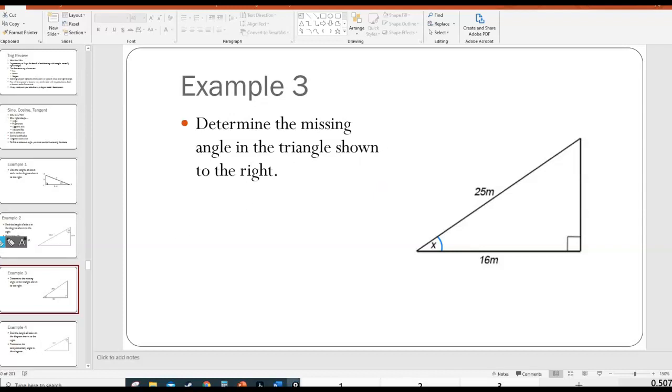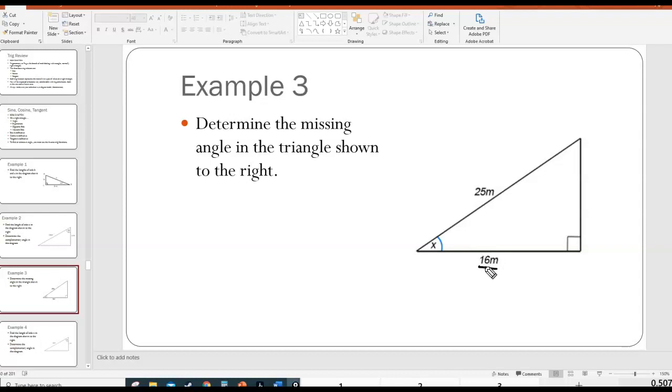So for example, let's say I want to solve this problem. It says determine the missing angle in the triangle shown to the right. Now remember, when you're solving for an unknown angle, you're going to have to use an inverse trig function. Here they call it x rather than theta, which is fine. It doesn't matter what you call it. Identify your givens.